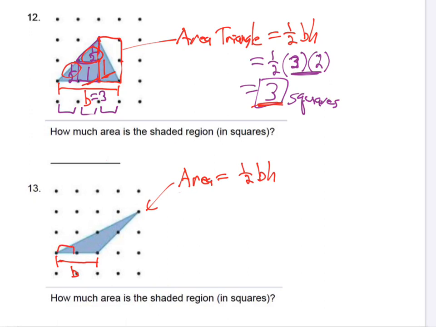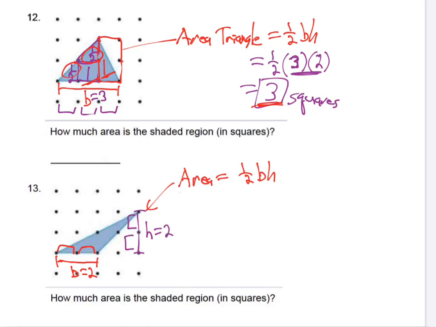So it's 1 square, 2 squares. The base is 2. Now where's the height? Height has to be straight down to the base. So this is height here, isn't it? From here to here. That's the height. And it's 1, 2 as well.